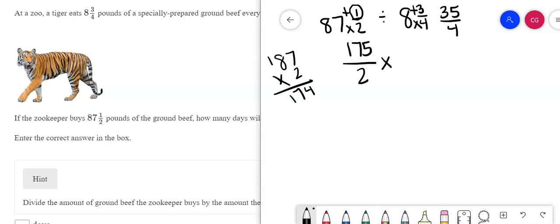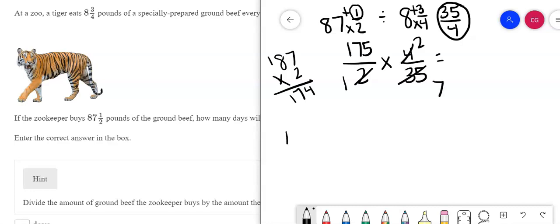Division changes to multiplication. And then we're going to take 35 over 4 and flip it. 2 goes into 2 once. 2 goes into 4 twice. 5 goes into 35 7 times.